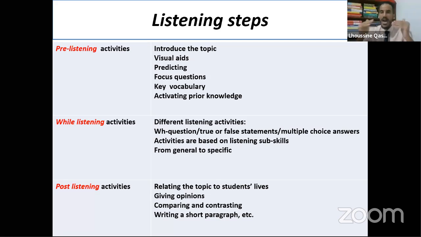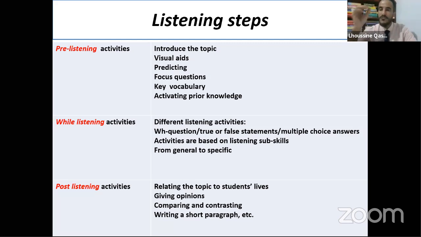Remember this one: a recognition task. You just have to recognize. Why? Because it's difficult. It's very challenging for our learners to listen and write at the same time, especially in the first listening.